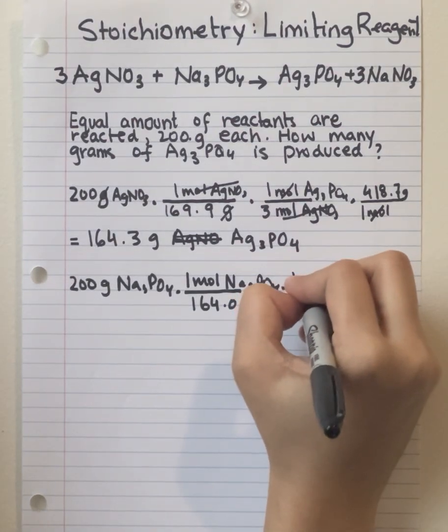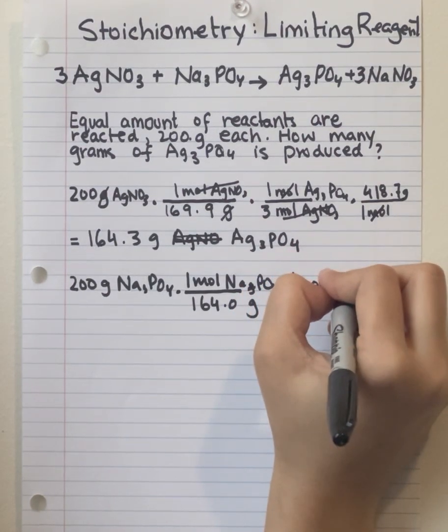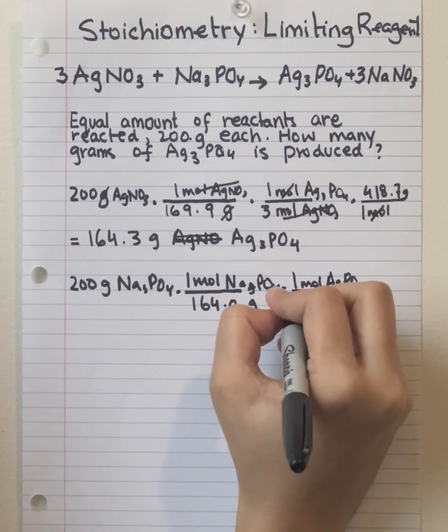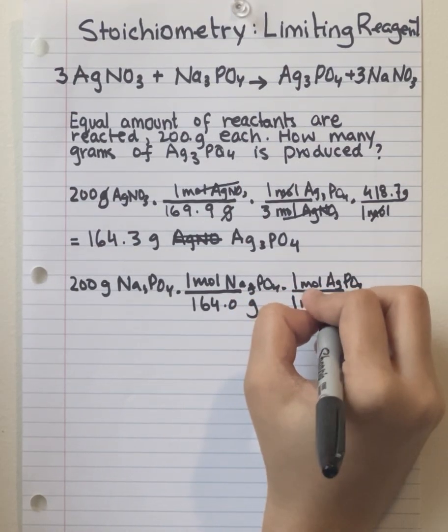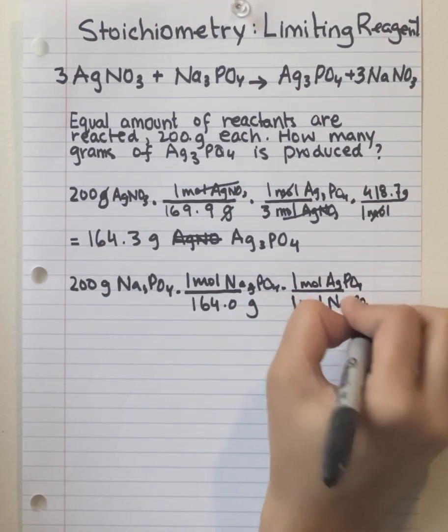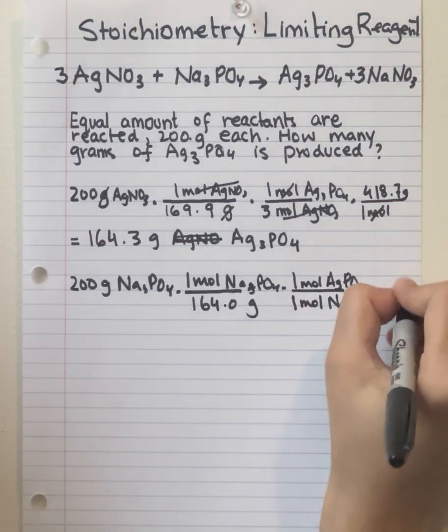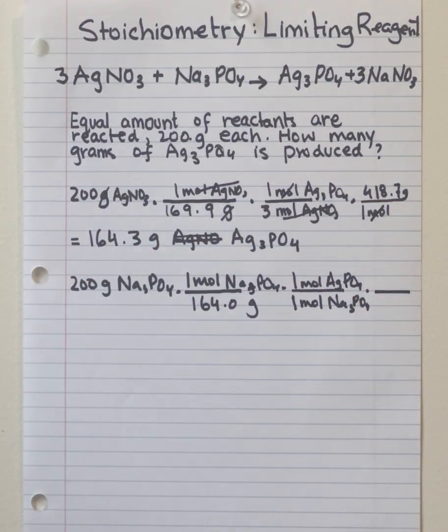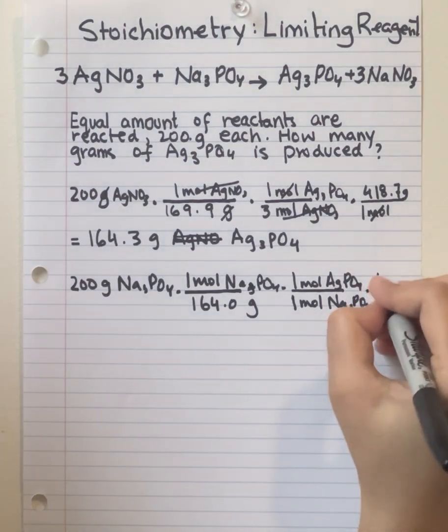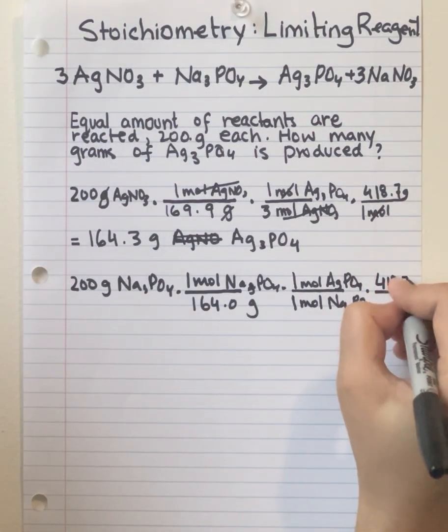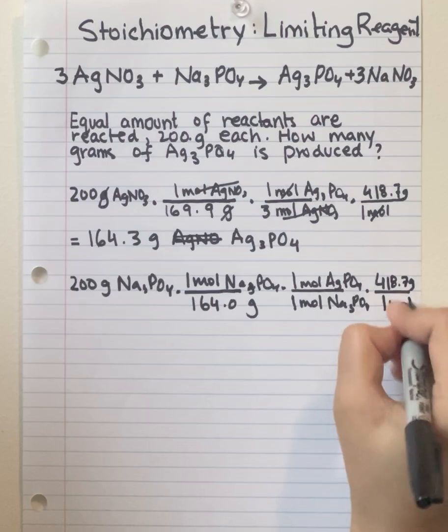Then convert the moles of silver phosphate to grams, 418.7 grams per 1 mole.